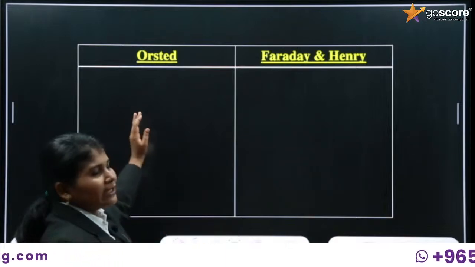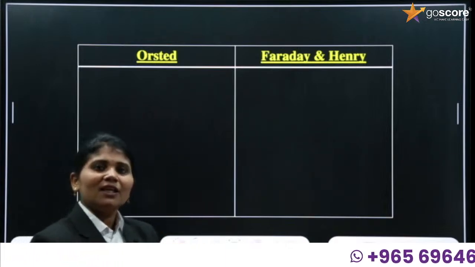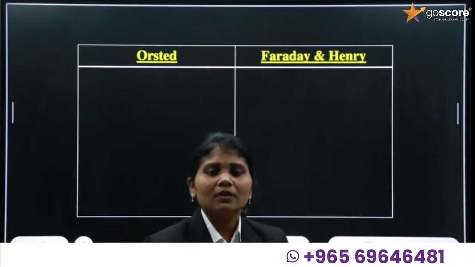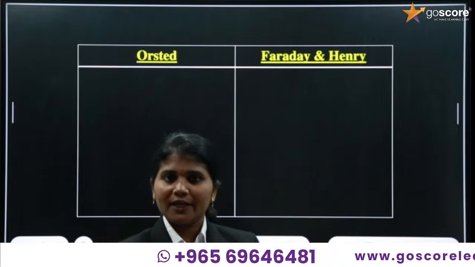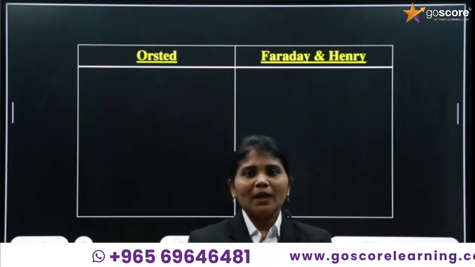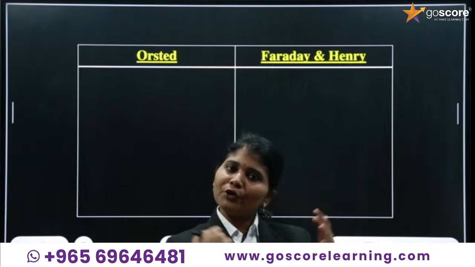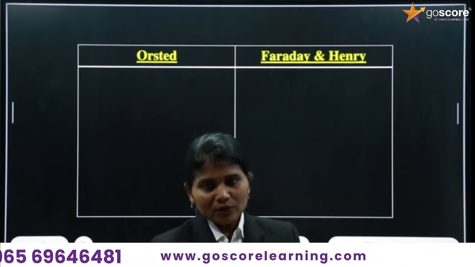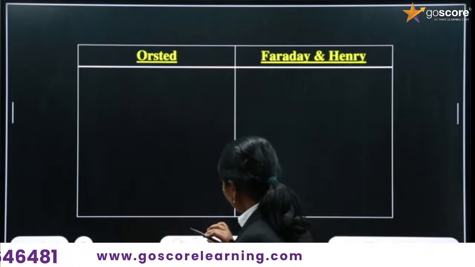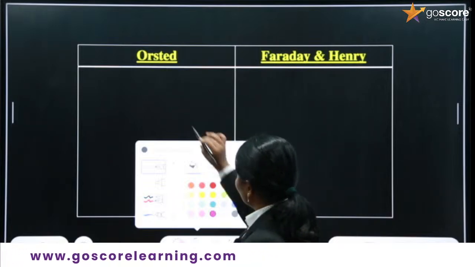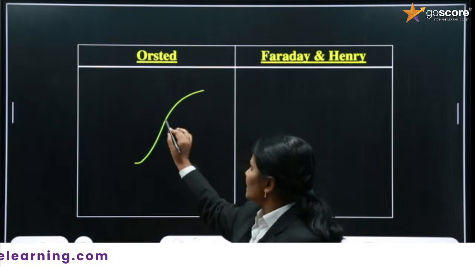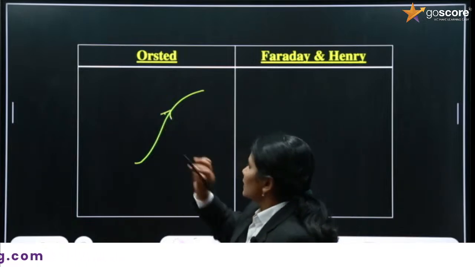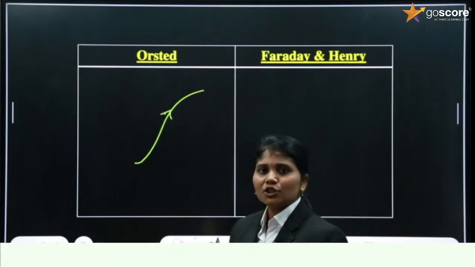So we know that Oersted discovered that if current is passing through any wire, then what will happen? A magnetic field will be produced around the wire. So I am taking one wire, and in this wire current is passing through it.